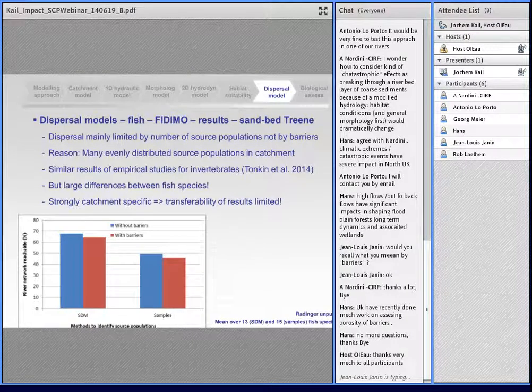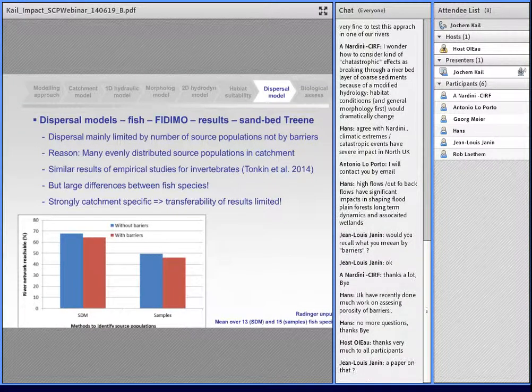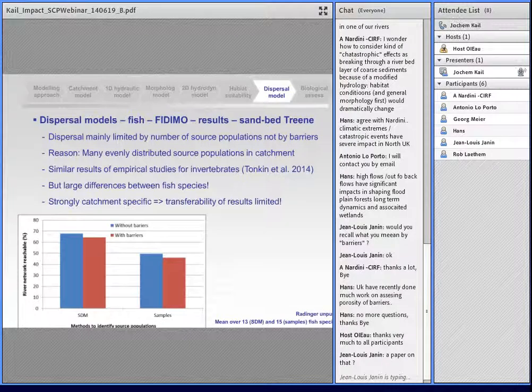Okay, it seems that there are no more questions. A paper on that? Very good question. No, there are two papers on this dispersal of fish which are out. So this whole dispersal modeling of fish, there are two papers.